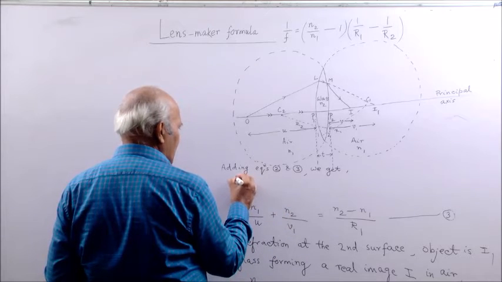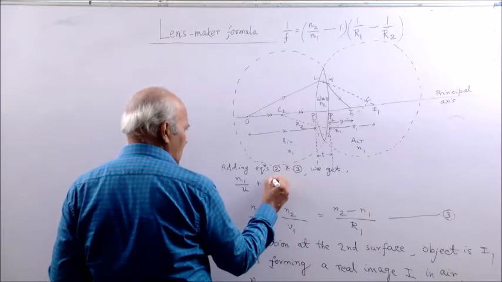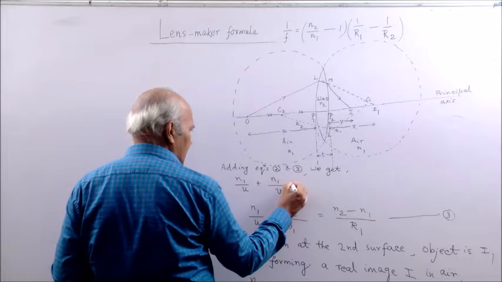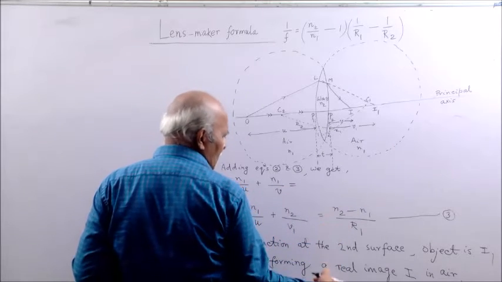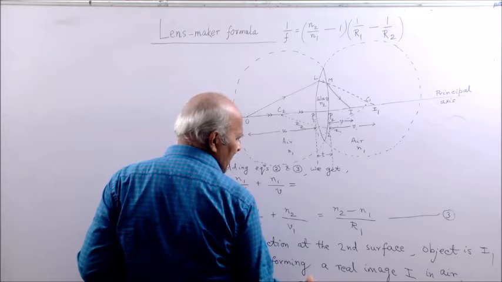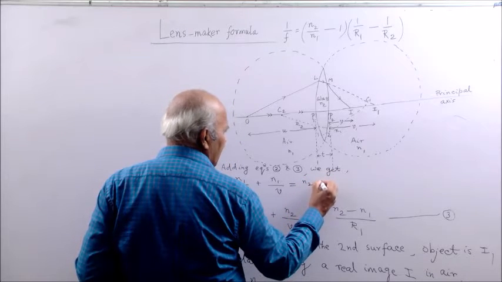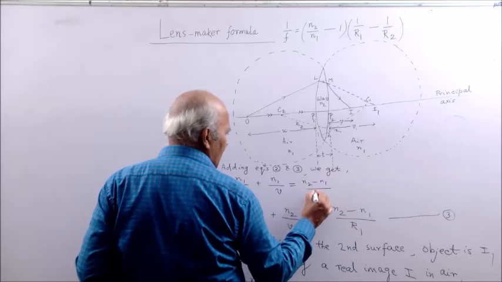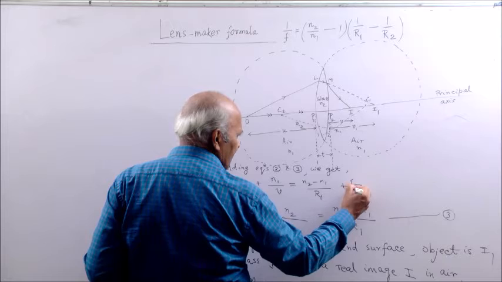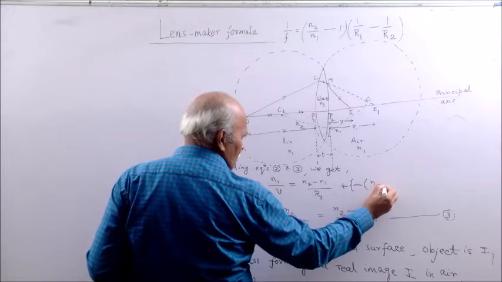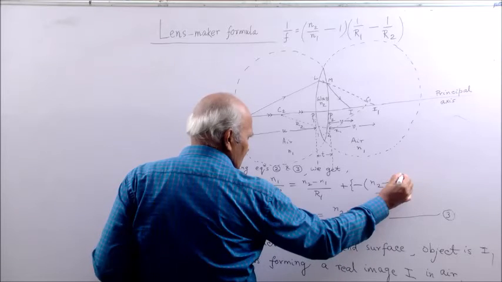So you have N1 by u plus N1 by v is equal to N2 minus N1 by R1. Since N2 is greater than N1, you can introduce a minus sign here, so it will be N2 minus N1 by R1 plus of minus N2 minus N1 by R2.